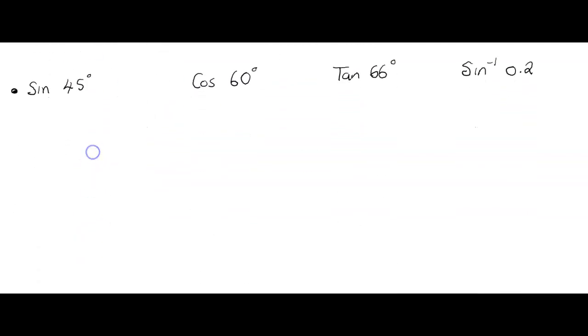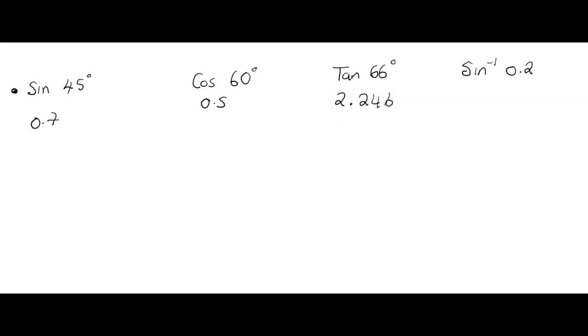Then just these, so we're asked to evaluate these. This is the last thing I'm going to do. So if we just put into our calculator sine 45 equals, 0.7, cos 60, stick it in, cos 60 equals a half, 0.5, tan 66 equals 2.246.